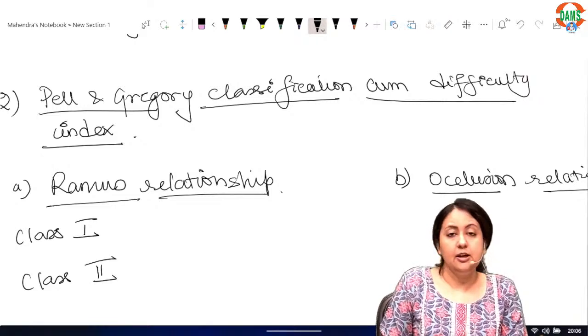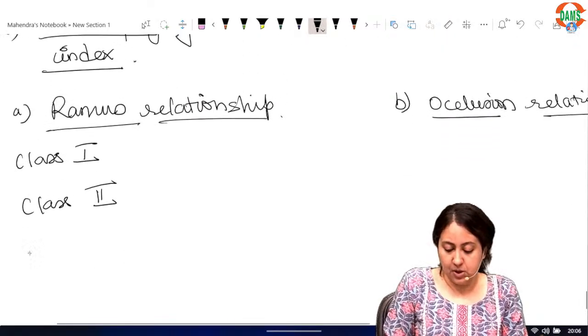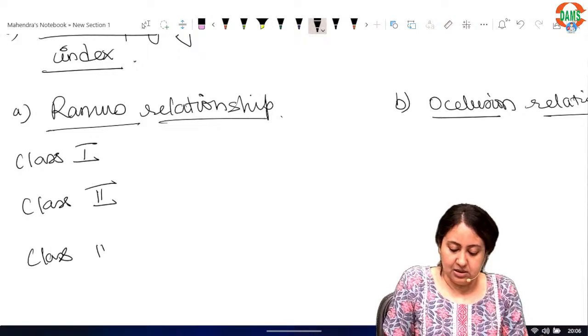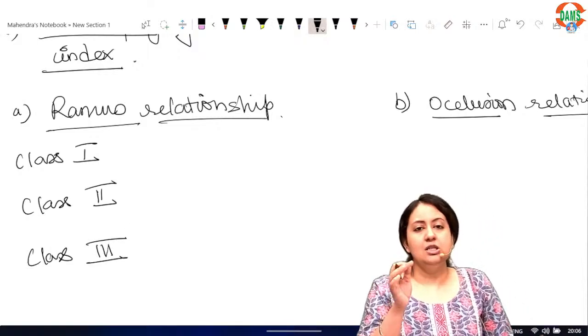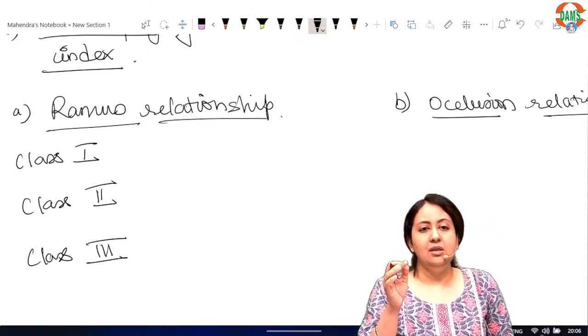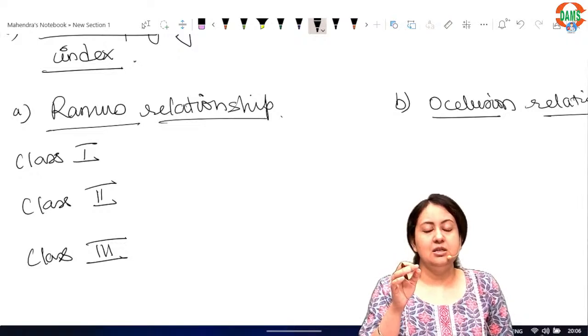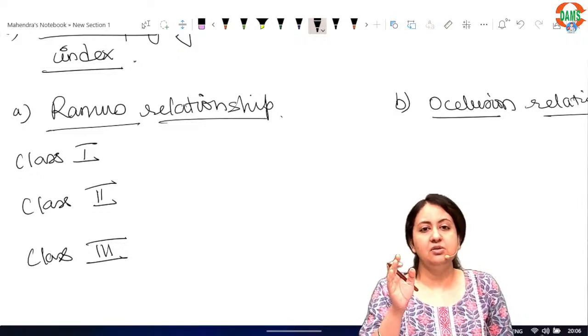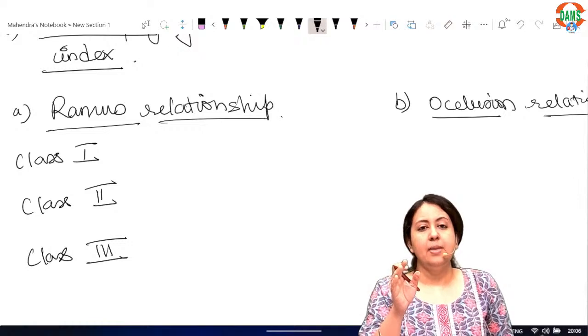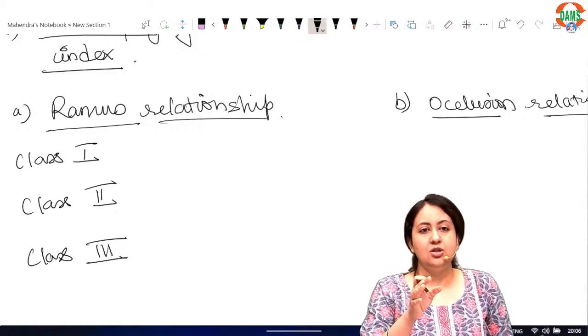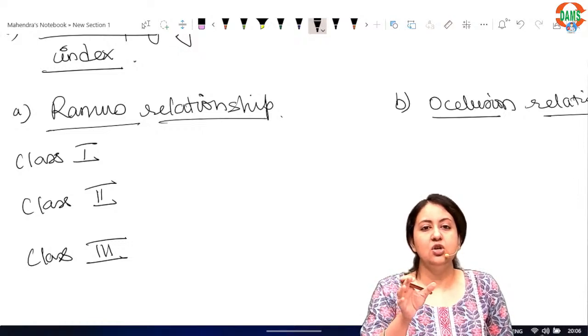एक काम करते हैं, quickly revise कर लेते हैं what was class 1, class 2, and class 3. So class 1 was when there is sufficient space present between the distal surface of the second molar and anterior border of ramus to accommodate the mesodistal dimension of the third molar. That is class 1.